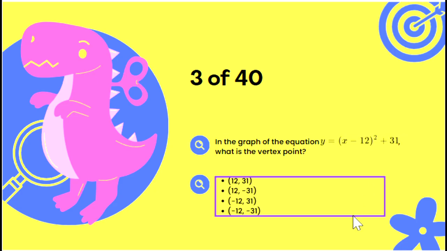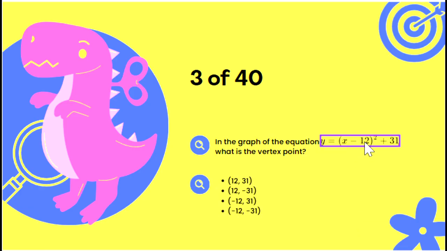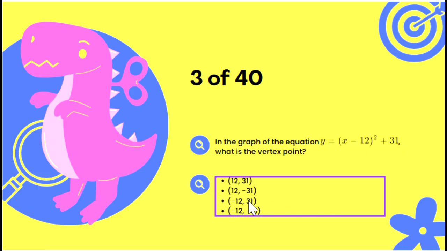But this is already written in the vertex formula for a quadratic, f of x equals a times x minus h, squared, plus k, where h and k are your vertex point. h relates to x, and k relates to y. So your point is negative 12, 31. This would be your answer for number 3.